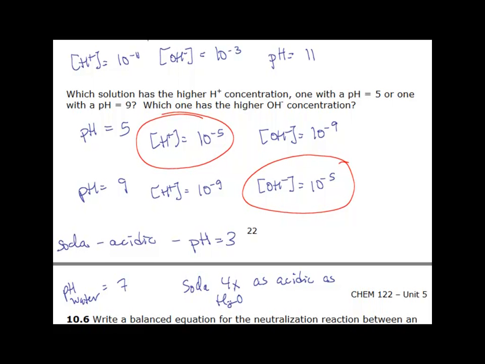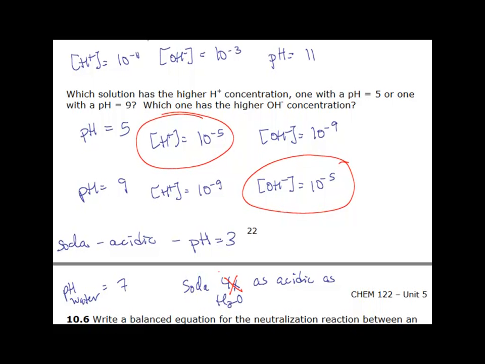Wrong. It's not 4 times as acidic as water. Since each number on the pH scale is actually a power of 10, it's a lot more acidic. So not 4 times as acidic.